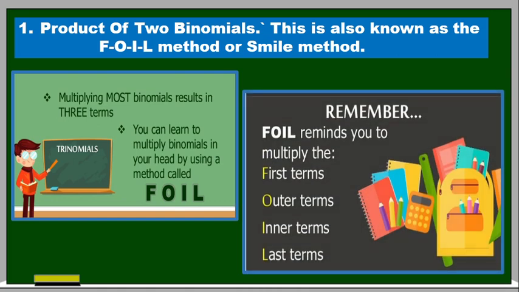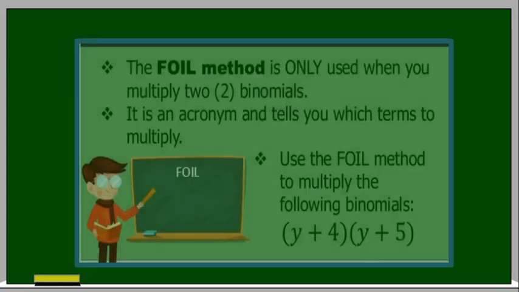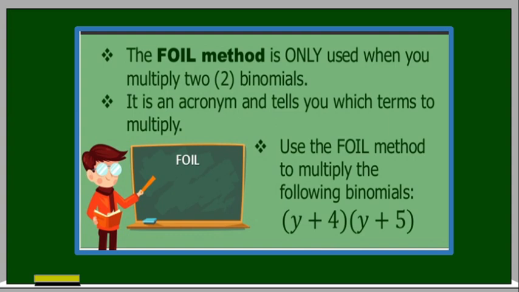Remember that FOIL reminds you to multiply the following. F stands for first terms, O for outer terms, I for inner terms, and L for the last terms. The FOIL method is only used when you multiply two binomials.